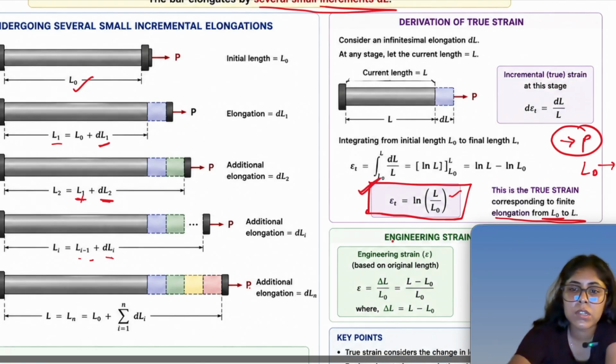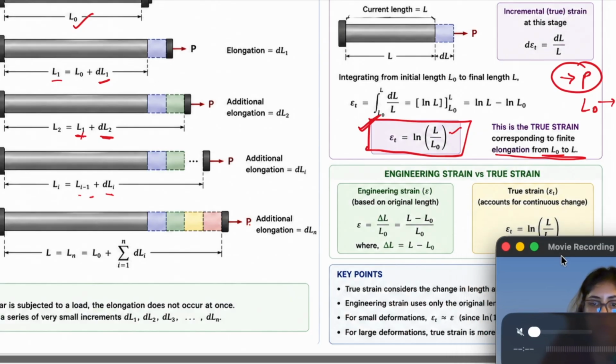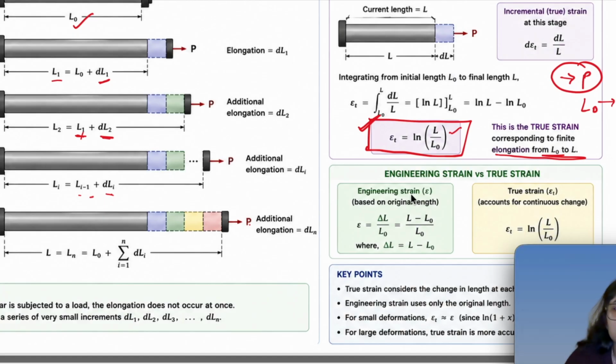Now engineering strain is nothing but delta L upon L naught. If we compare engineering strain versus true strain, engineering strain is based on the original length, but true strain is calculated by the formula log of L upon L naught.